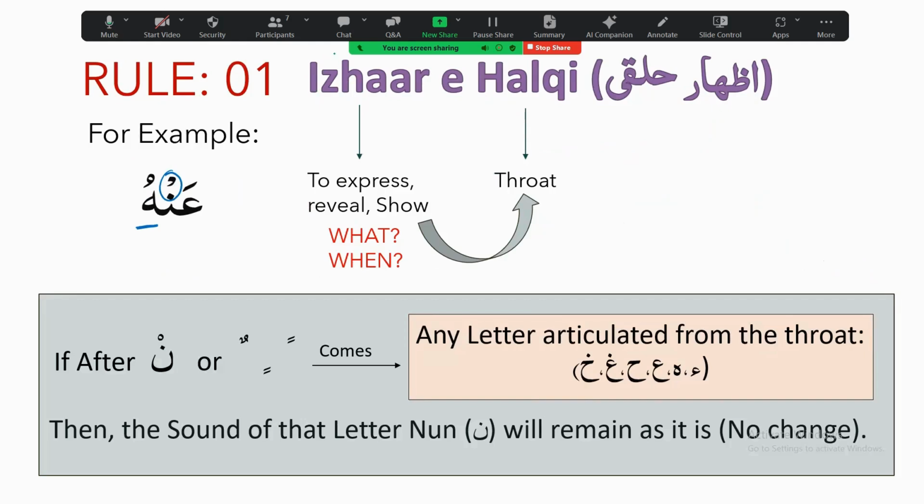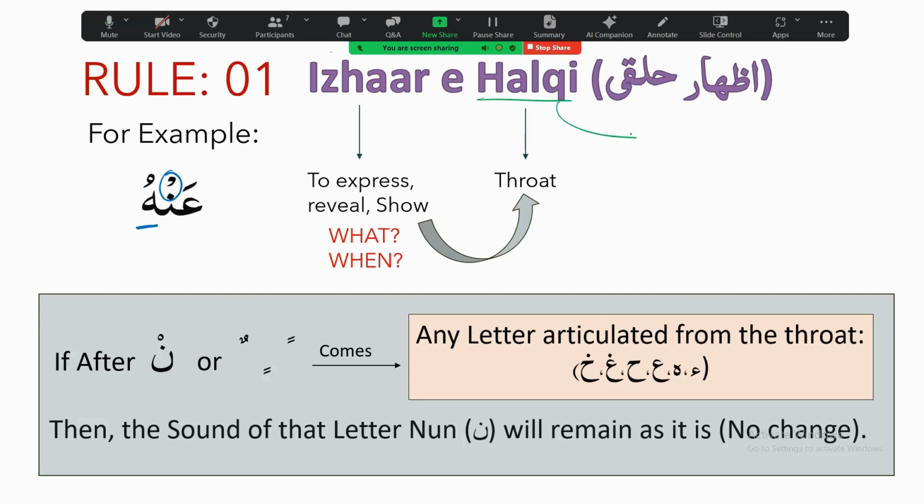Izhar means to express, reveal, show something, and you can say making something apparent as well. And halq means throat. So this rule will have something related to expressing something, and something related to the throat as well.